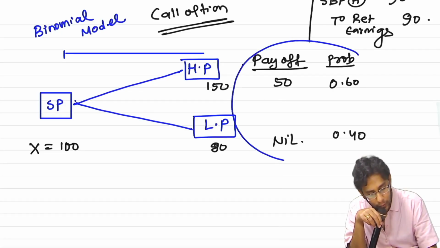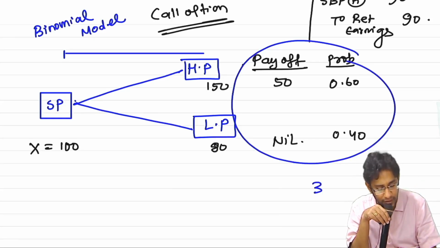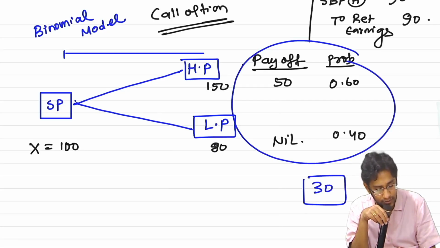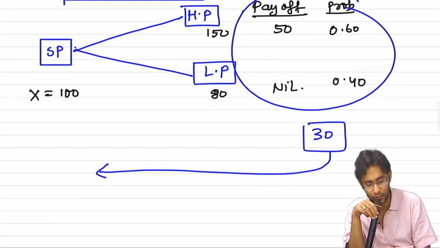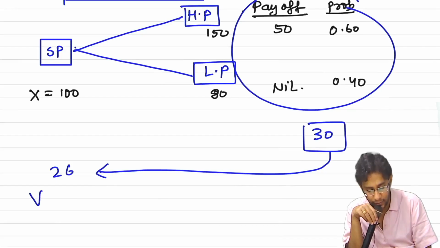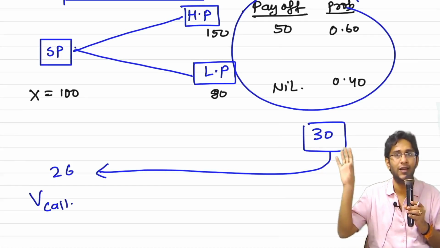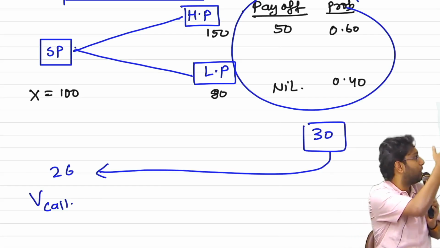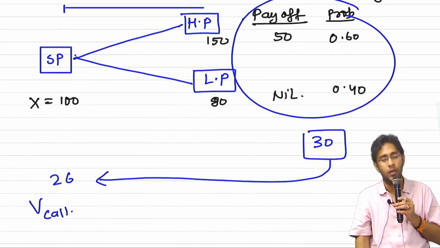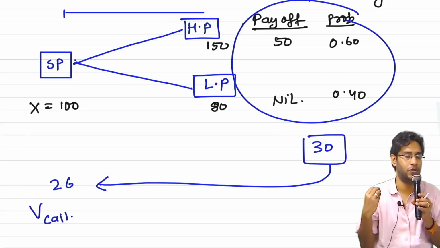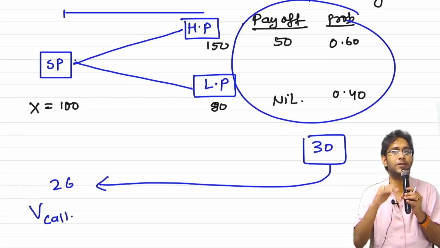Then you will work out the expected value of the option: 50 into 0.6 plus 0 into 0.4, which is 30. Rupees 30, you will again discount to today. After discounting, let us say you got 26. Rupees 26 is called the value of the call option. The 90 you saw now is worked out like this. Now tell me, in working out the value of the option, did you consider the possibility of the market price not hitting the target?